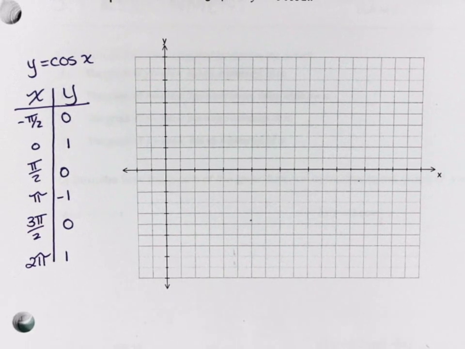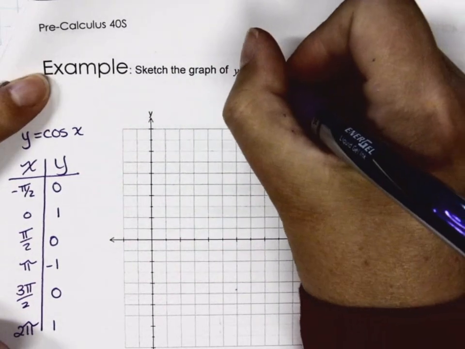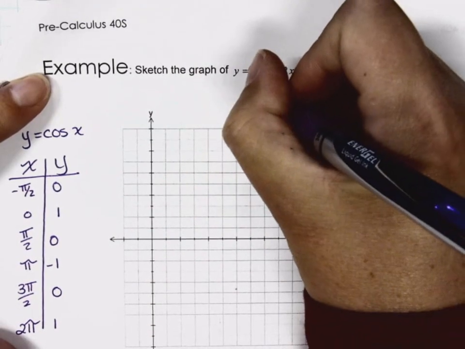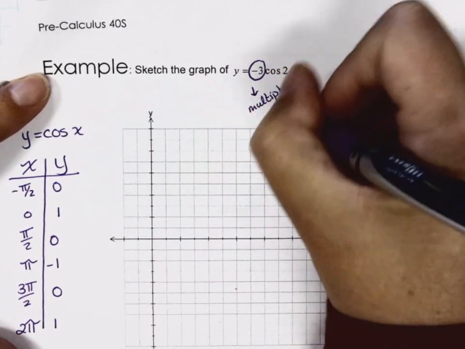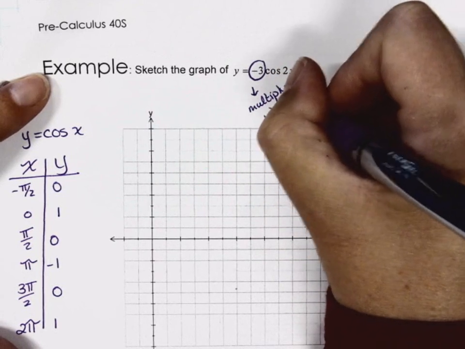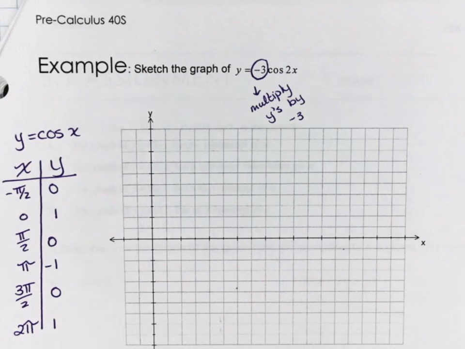All right, now we're going to apply the transformations. Holy Hannah, there's a couple of things going on here. Really what we're going to do is we're multiplying the y's by -3. Now, that's the math we're doing. So what does that do to the graph?